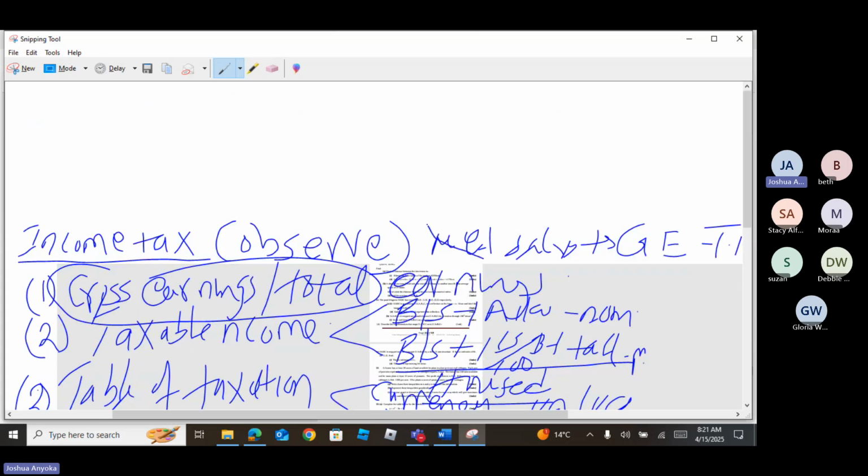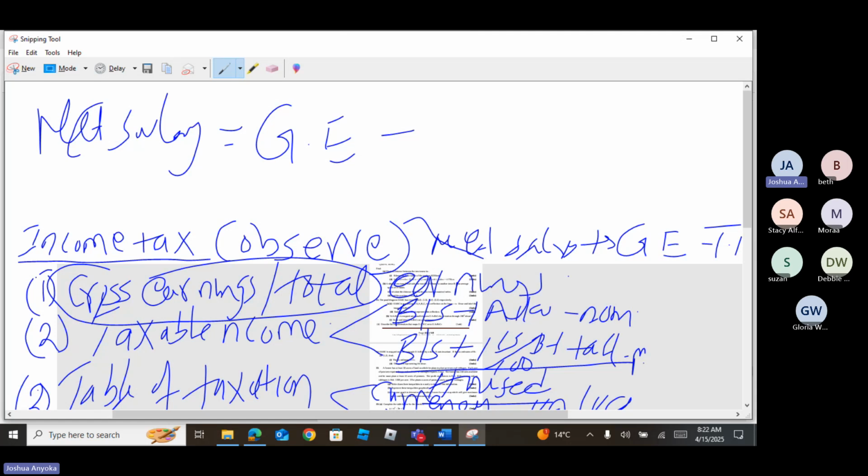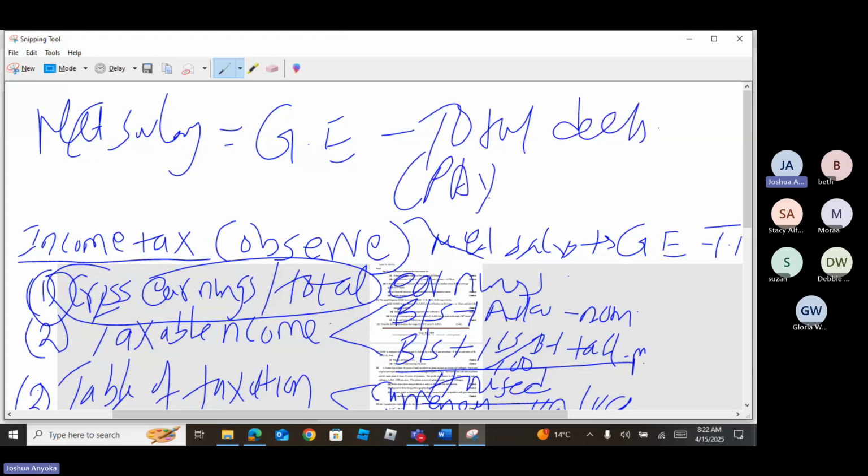So we must get these notes. Net salary is equal to gross earnings, which we found here, minus total deductions. Deductions, we have PAYE plus other deductions.